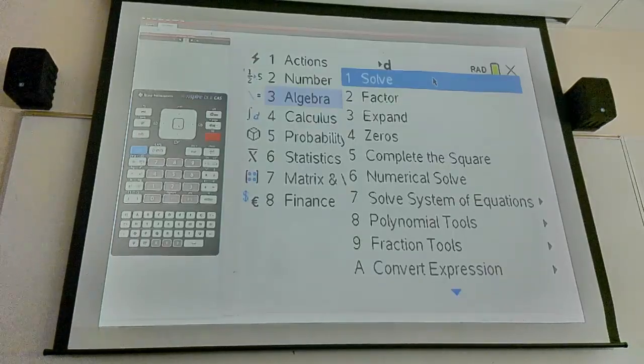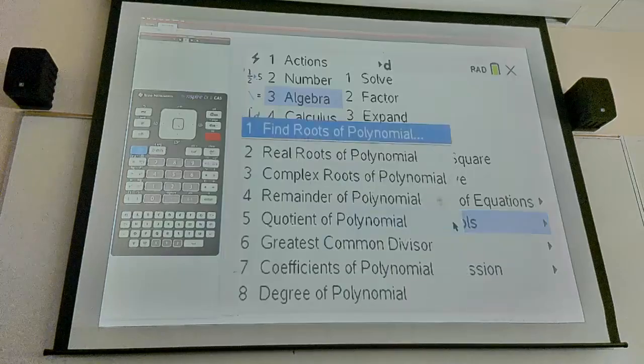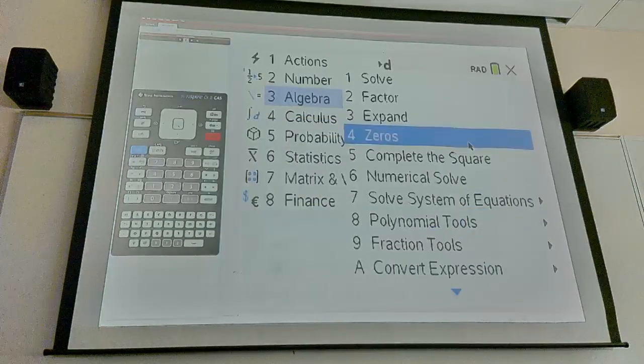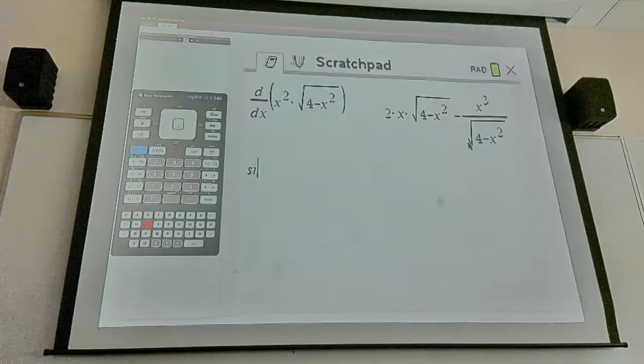Well, that's really annoying, isn't it? You don't have to simplify command.